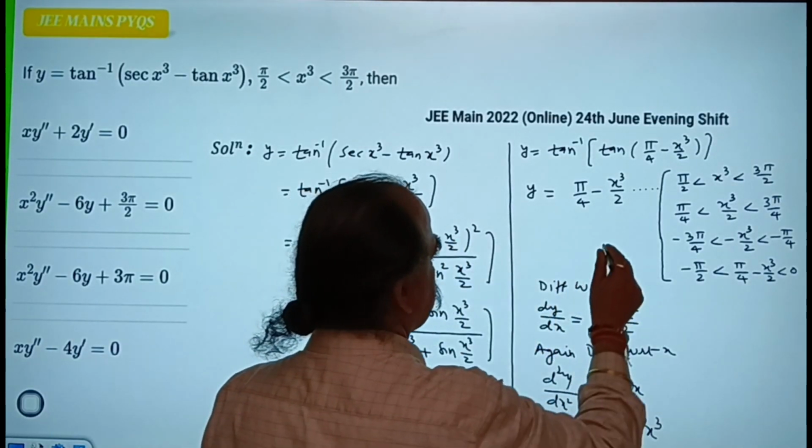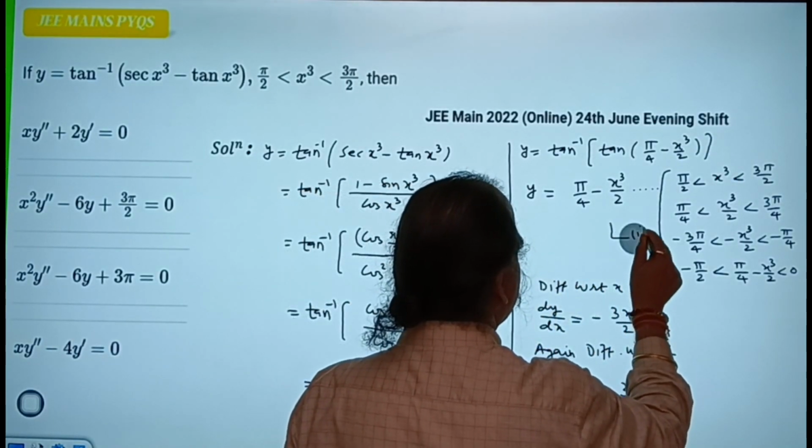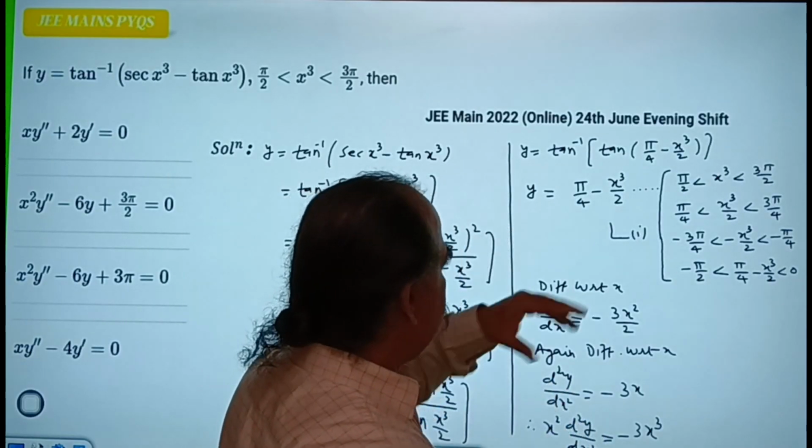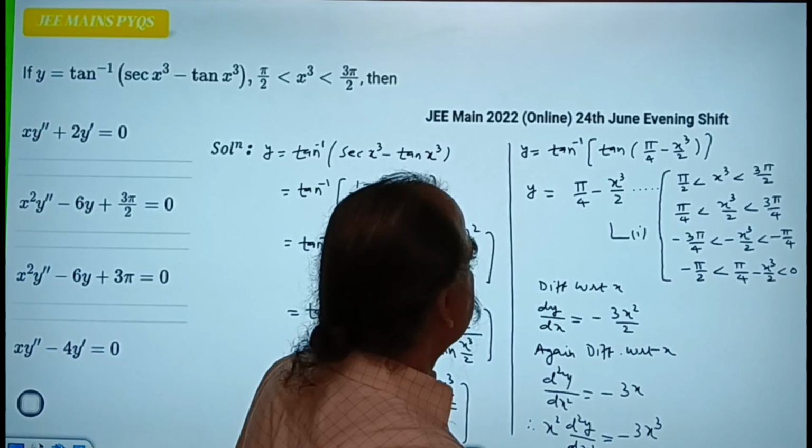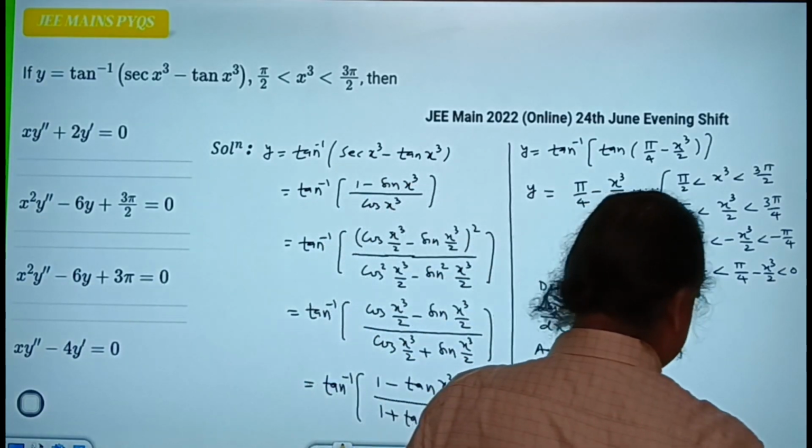From equation number 1, x cube is what? One minute.